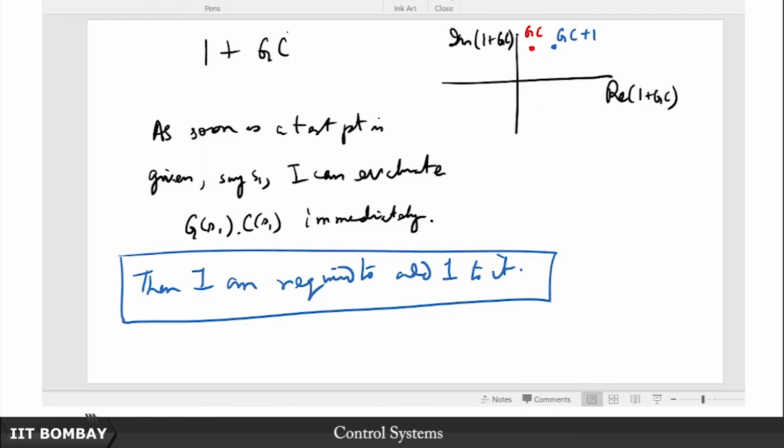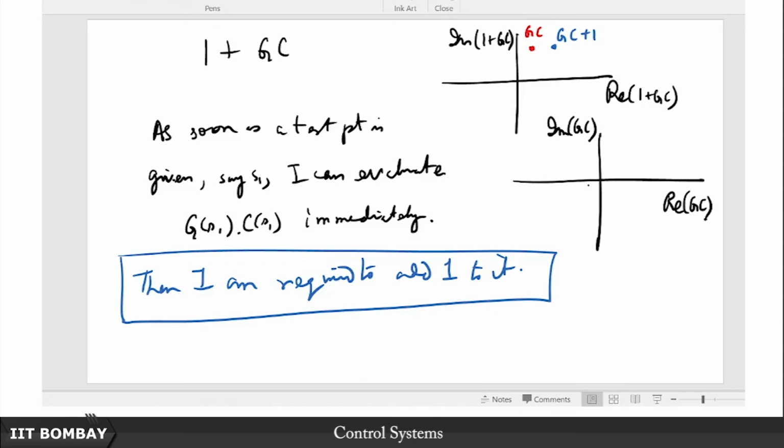You see, if I draw now this GC plane, instead of this GC plus 1, with GC and this imaginary part of GC, now everything is shifted by exactly 1 to the left.